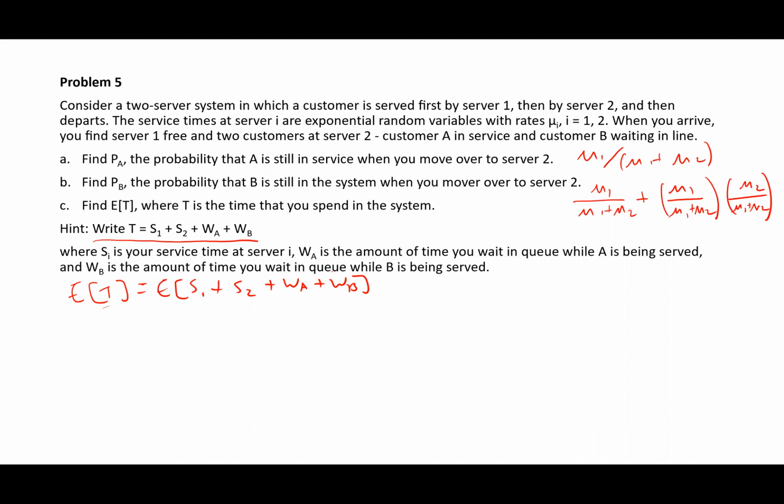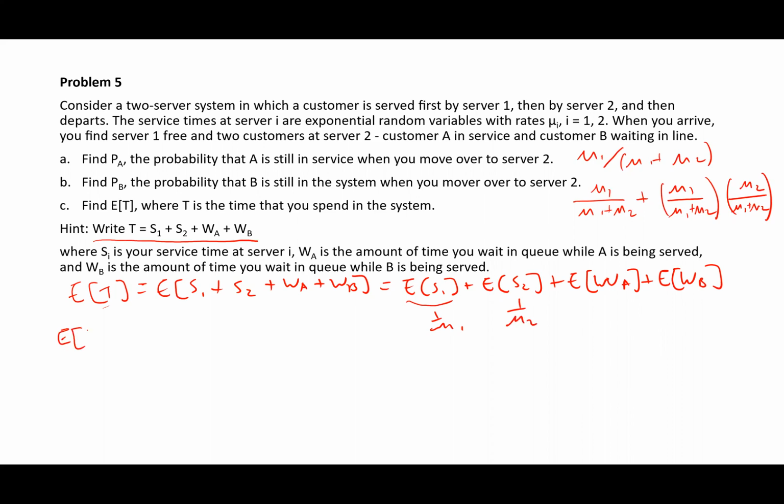Right away you can tell what the expected values of S1 and S2 are: simply the expected service times at those respective servers. This is simply 1 over mu1, and this will be 1 over mu2. Those aren't very interesting.